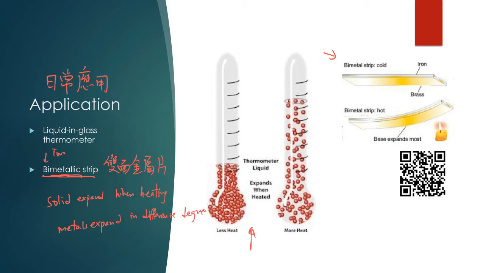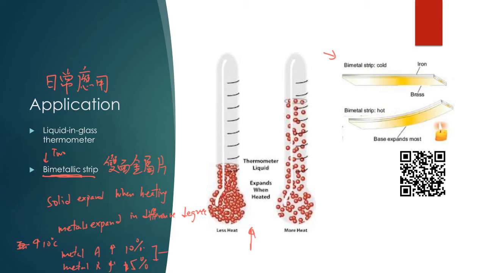What does it mean? Let's say metal A, when you increase the temperature by, let's say, 10 degrees Celsius, may increase in length by, let's say, 10%. However, another metal, metal B, still increases, but they may increase by, let's say, 15%. Okay, so there's a difference.